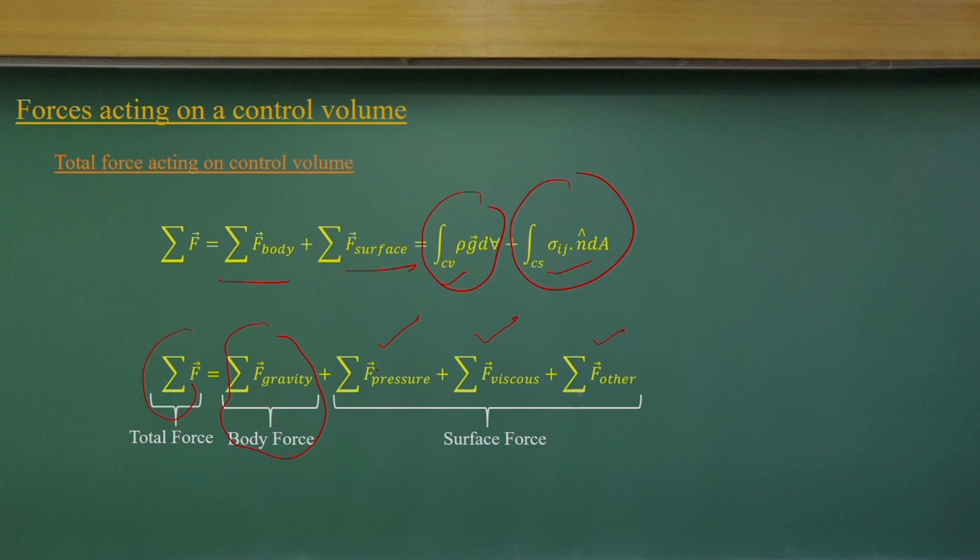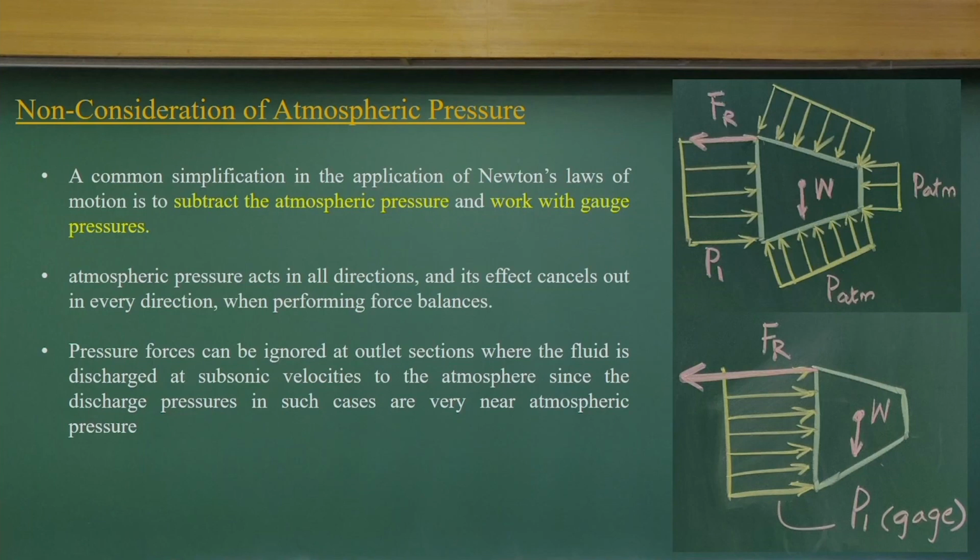If I resolve these force components, we can have simplifications, like in cases where the viscous force does not dominate, we can make it 0, or other forces not dominating, we can make them 0. Since we have separated the force components due to the pressures, the viscous and others, for different types of problems we can simplify these equations and focus on the force components only due to the pressures or the viscous or other components.